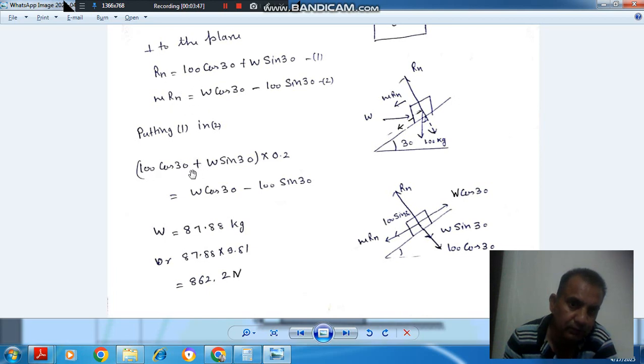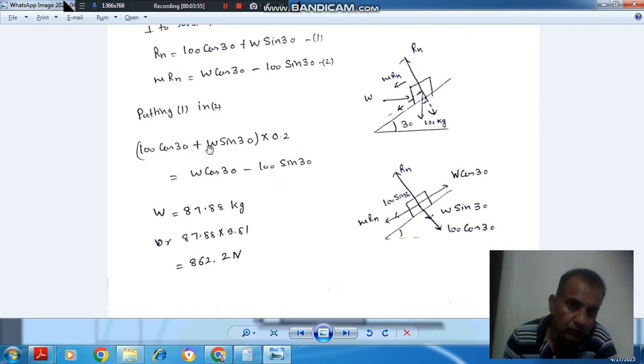So that is (100 cos 30 plus W sin 30) into 0.2 is equal to W cos 30 minus 100 sin 30. In this equation only W is unknown, so we can calculate W, which comes out as 87.88 kg, or in Newton it will be 862.2 Newton.